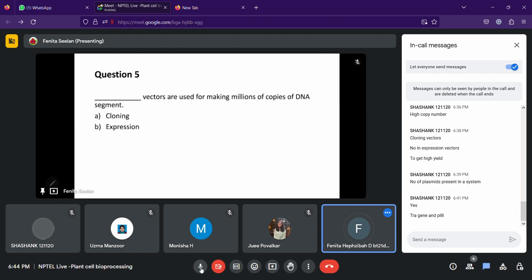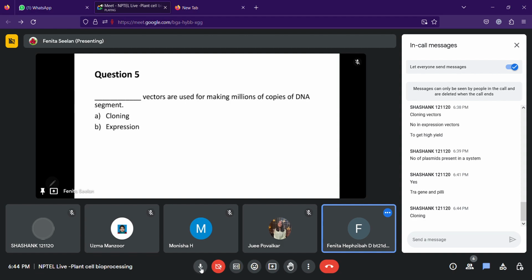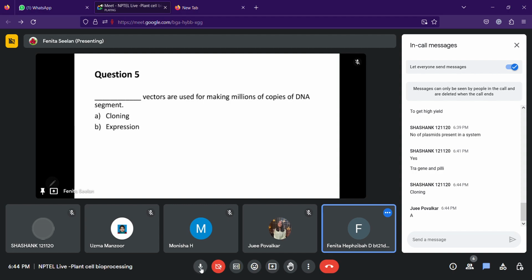Okay, I think we were talking about this for so long, so you can answer this question. Dash are vectors which are used for making millions of copies of DNA segments. Yes, cloning. You are right, Shashank. So cloning vector.